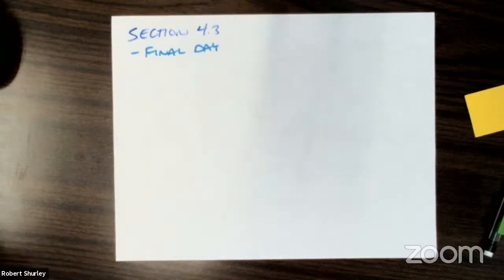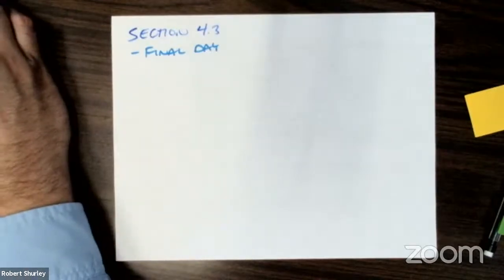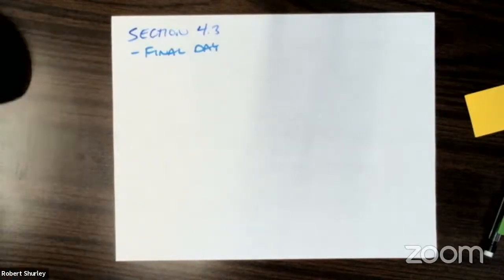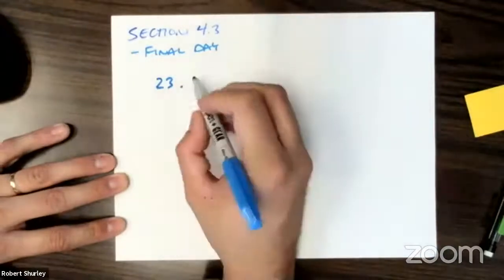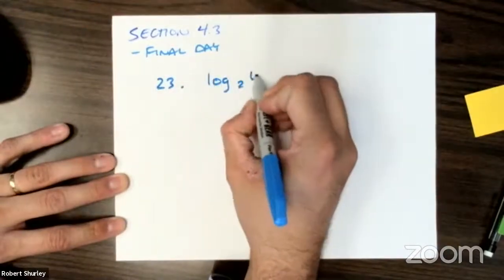Okay. Genesis, let's see here. 23 through 29. This is on page 466. Let me do 23. So 23 says we've got log base 2 of 64.